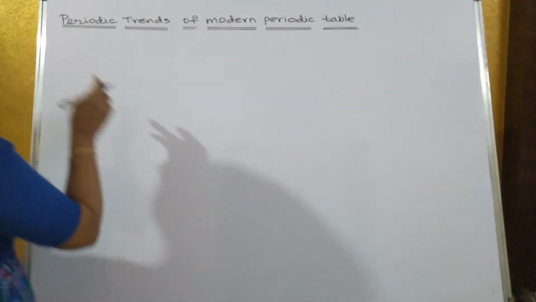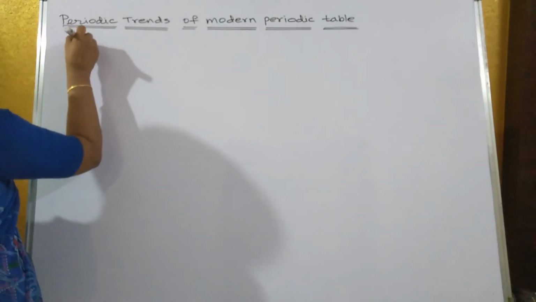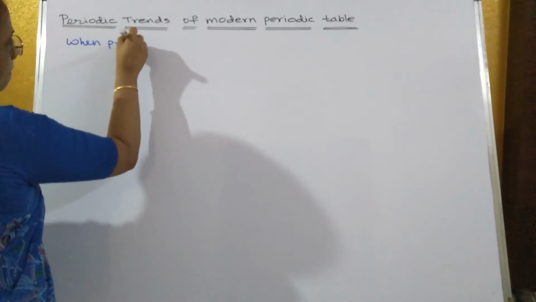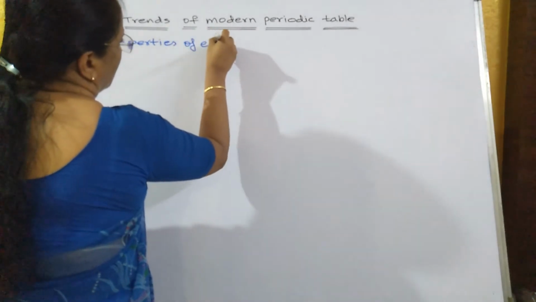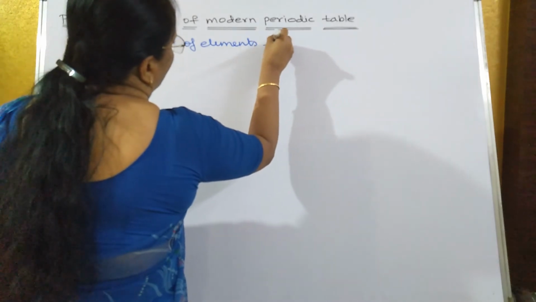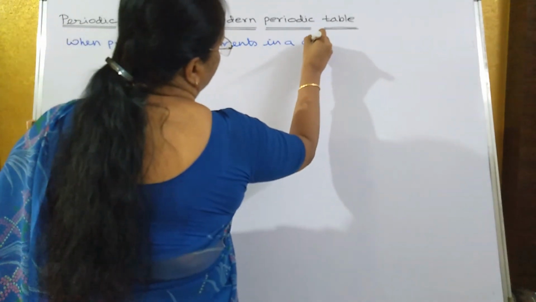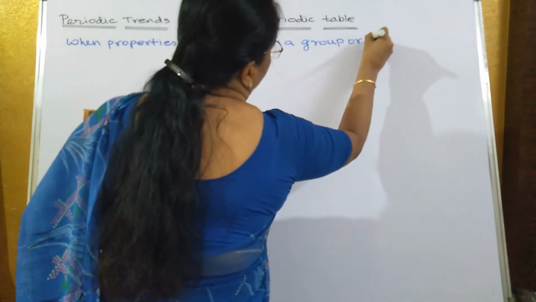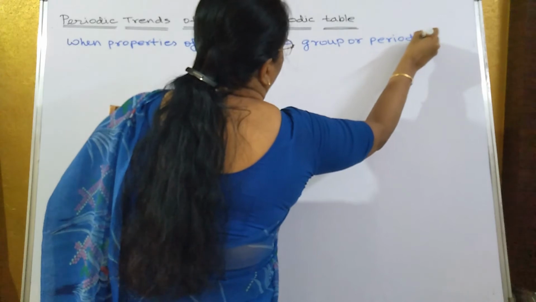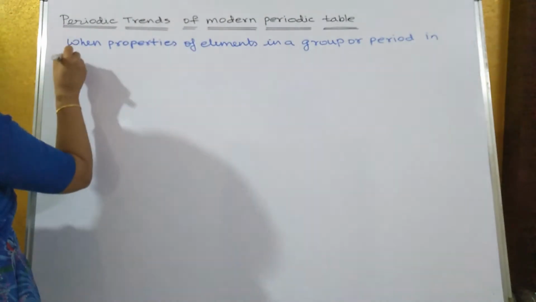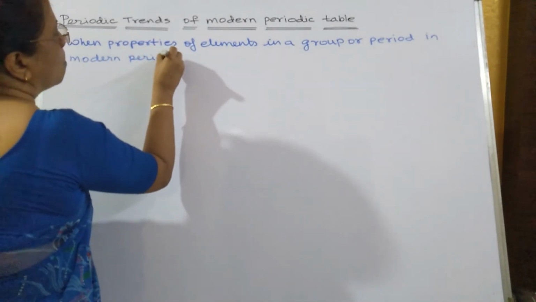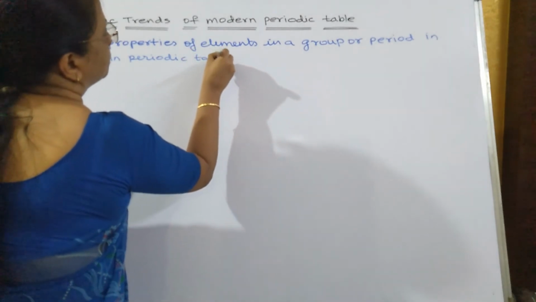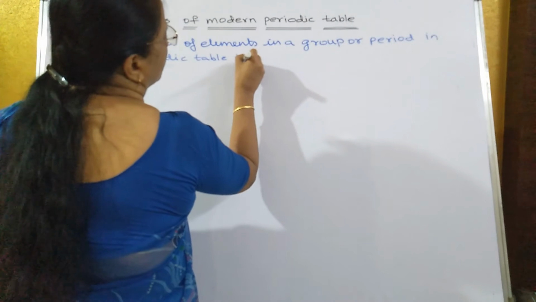Now, periodic trends of the modern periodic table. When properties of elements in a group or period in the modern periodic table are compared, what do we observe?